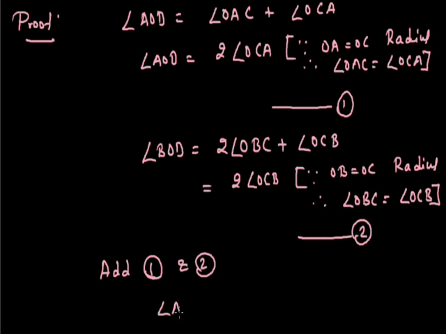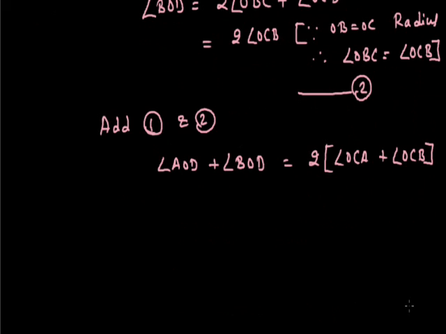Now adding first and second, angle AOD plus angle BOD is equal to twice of angle OCA plus angle OCB. Now angle AOD plus angle BOD is equal to angle AOB, so this is equal to twice of angle OCA plus angle OCB, which is angle ACB. Now angle AOB is equal to 180 degrees, linear pair.